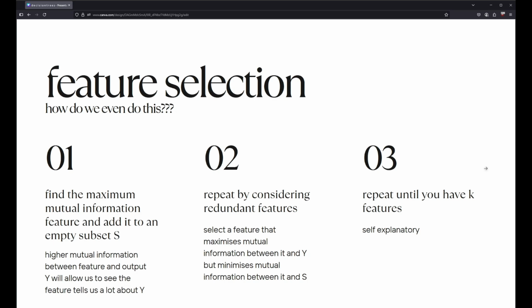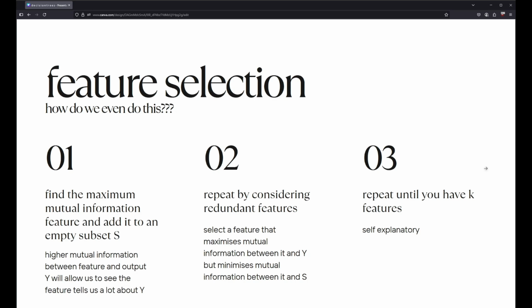Another thing as well is then going to be repeating it, but we don't want to consider the redundant information. Like let's say we have 5 features and 3 of them tell us the same thing about y. Why should we have duplicates? Why should we have to process more features within our decision tree if it tells us the same thing, right?